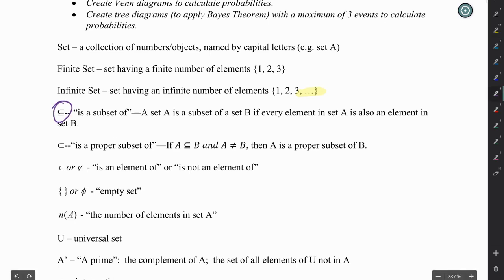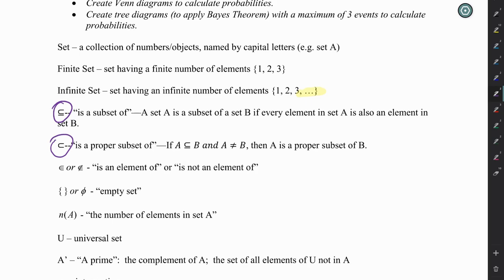This sideways C with a line under it means subset. A set A is a subset of a set B if every element in A is also an element in B. Without the little line, it means it's a proper subset.